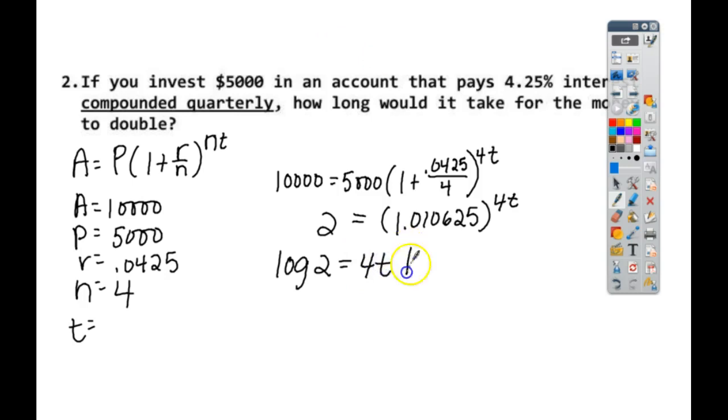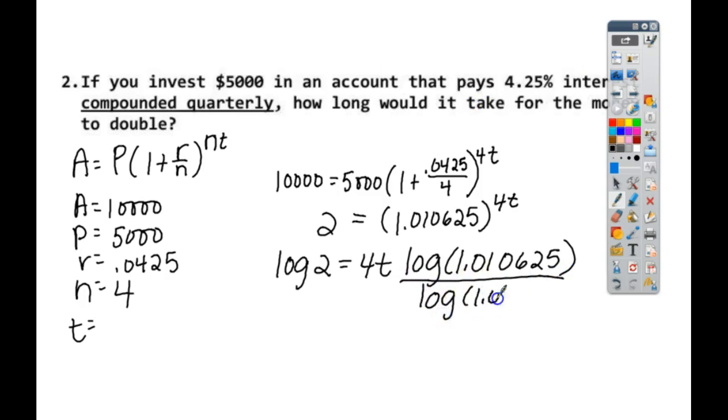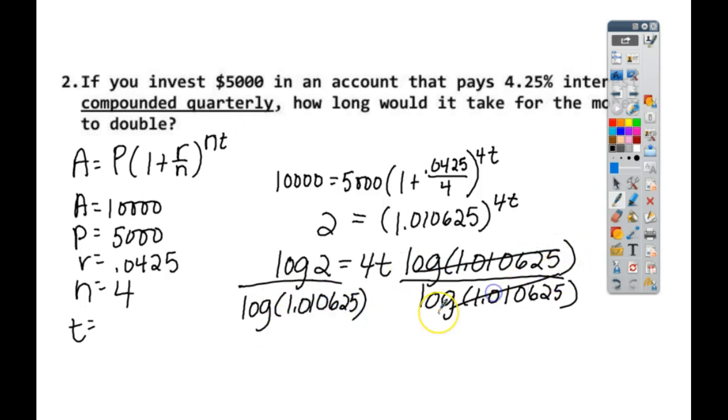Are you whining? It sounds to me like you're whining. You can store it on your calculator so you don't have to do it.